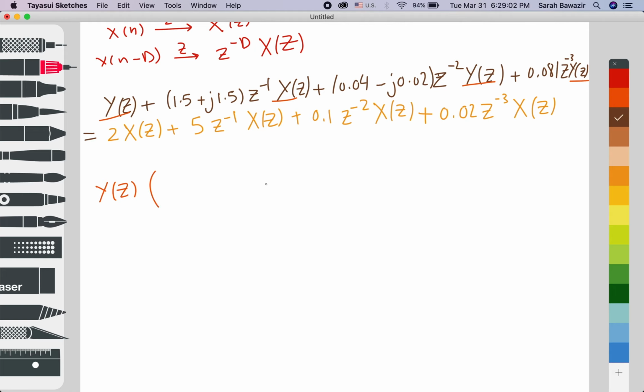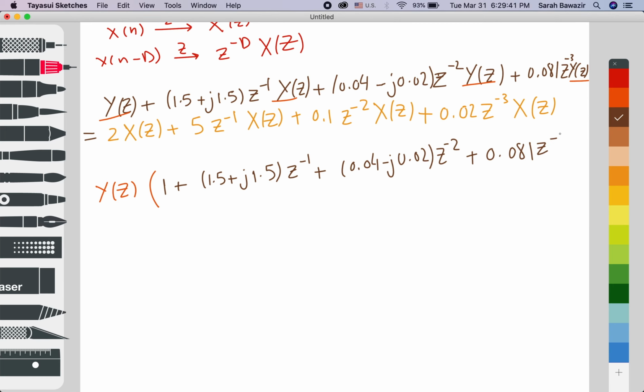So what's left is 1 plus (1.5 plus j1.5) z minus 1 plus (0.04 minus j0.02) z minus 2 plus 0.081 z to the power minus 3. This is the left-hand side.